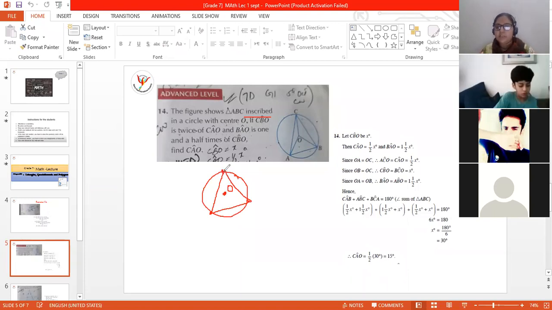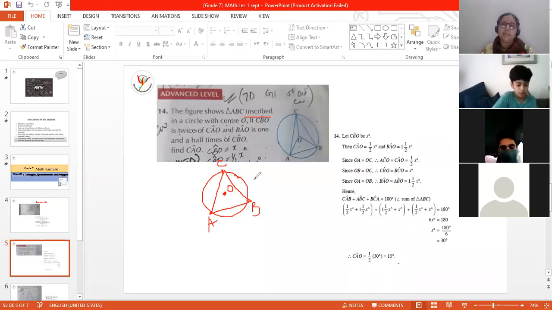So if the corners of the triangle are touching the circle, it means this triangle is inscribed in a circle.